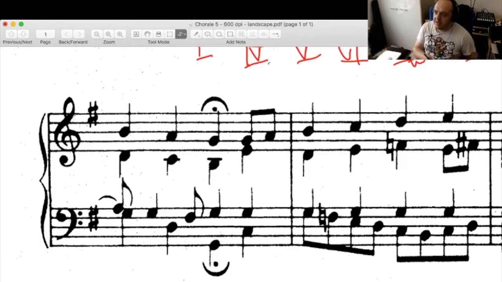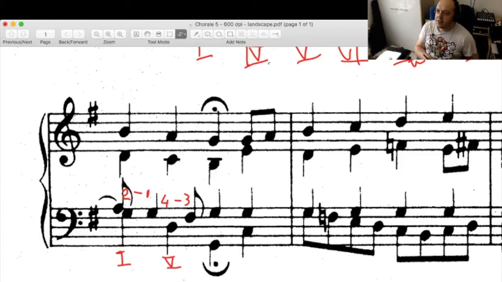Okay, so that A is becoming a 2-1 suspension, chord 1, 2-1. That one is now a 4-3 of chord 5. That's a 7th here, approached by step in passing.